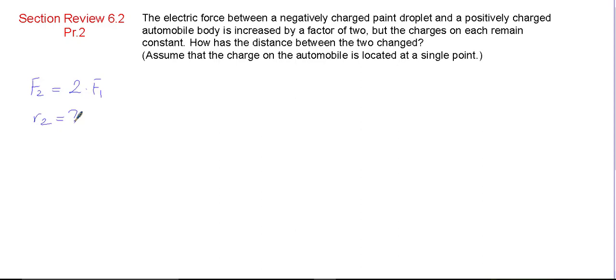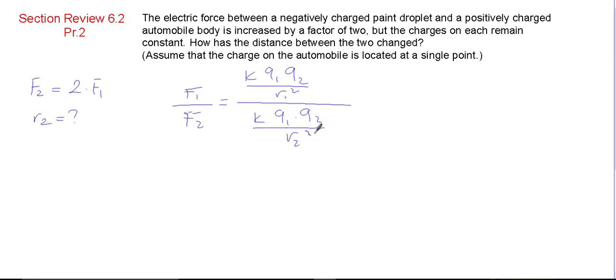If you write forces here, if you write a proportion F1 over F2, F1 is K, Q1, Q2 over R1 square. F2 is also K, Q1 multiplied by Q2 over R2 square now. What it says in our question is that F2 is equal to 2F1.